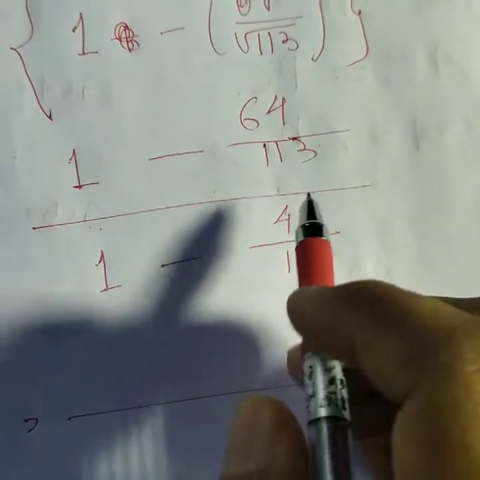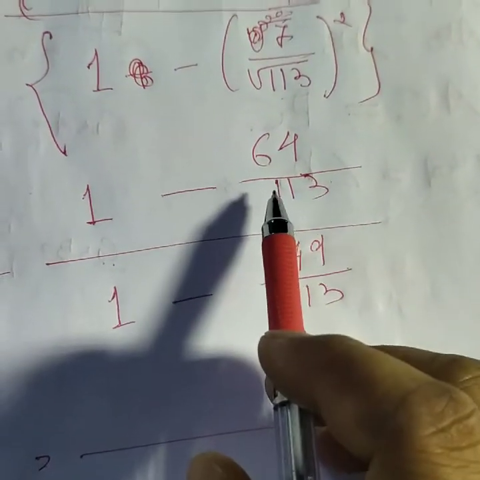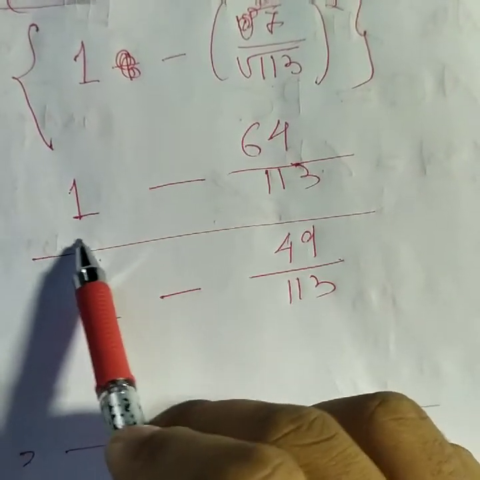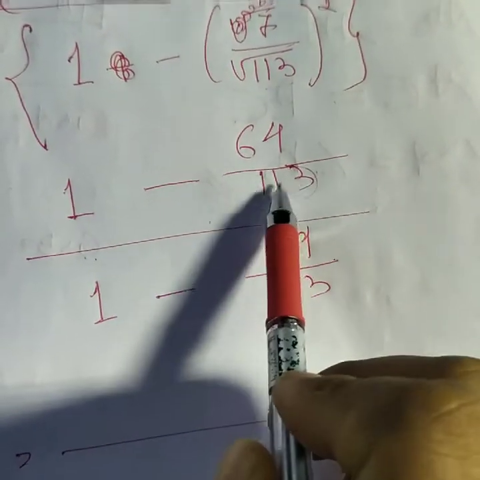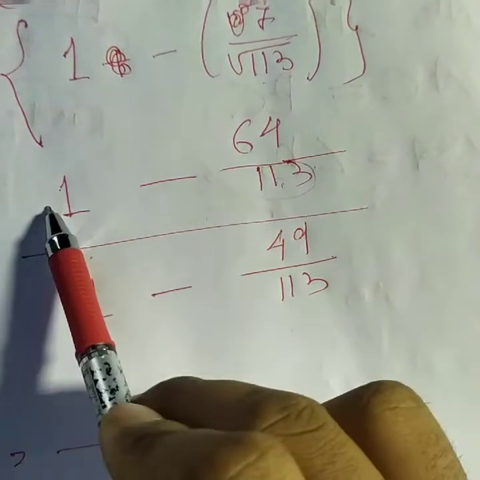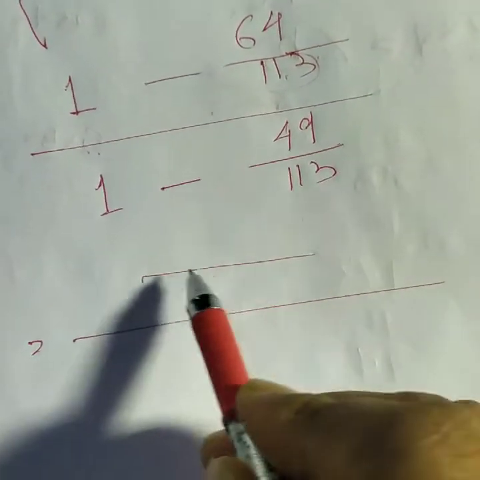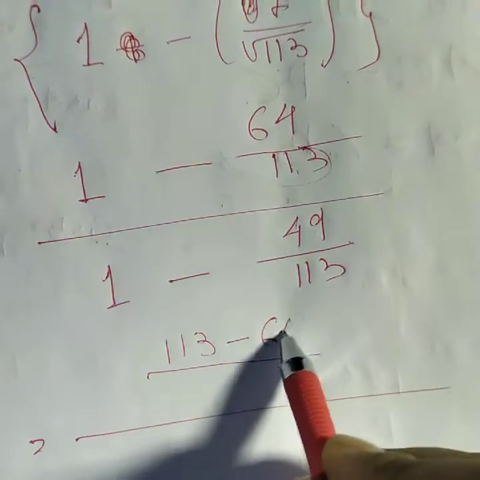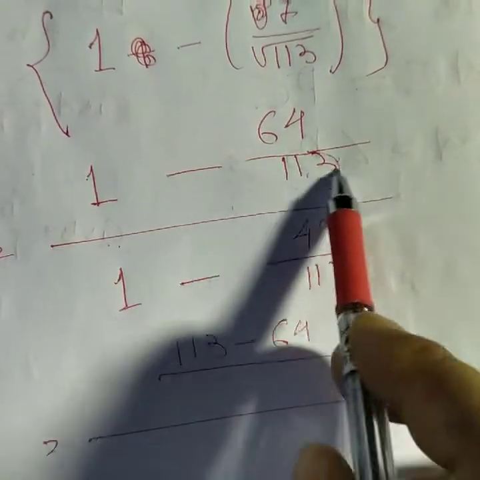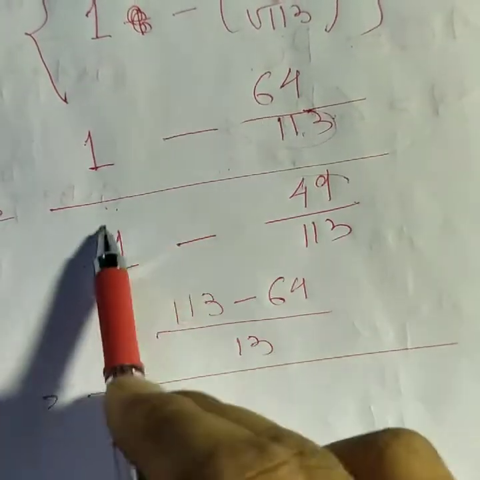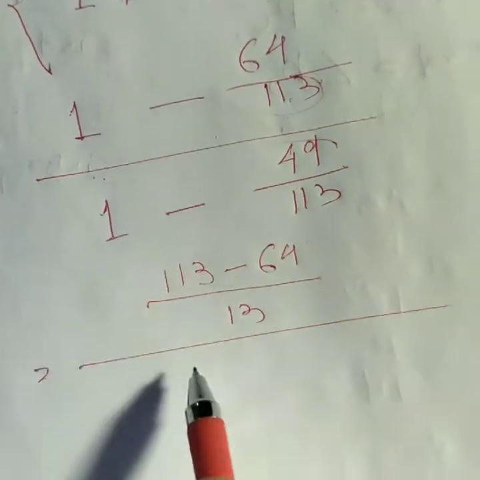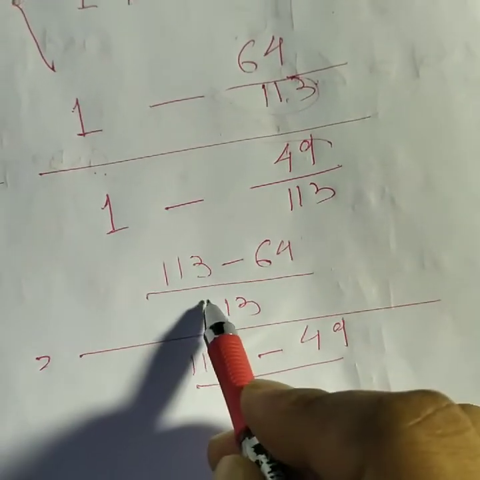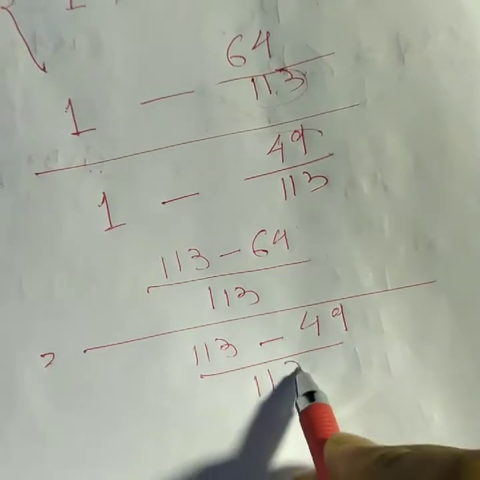Now, see, some of you used to forget the lower class basics. So no denominator here, denominator is here, just cross multiply it. 113 into 1, it will be 113 minus 64. The denominator will be this one. The same thing here also, 113 into 1, 113 minus 49 by 113.